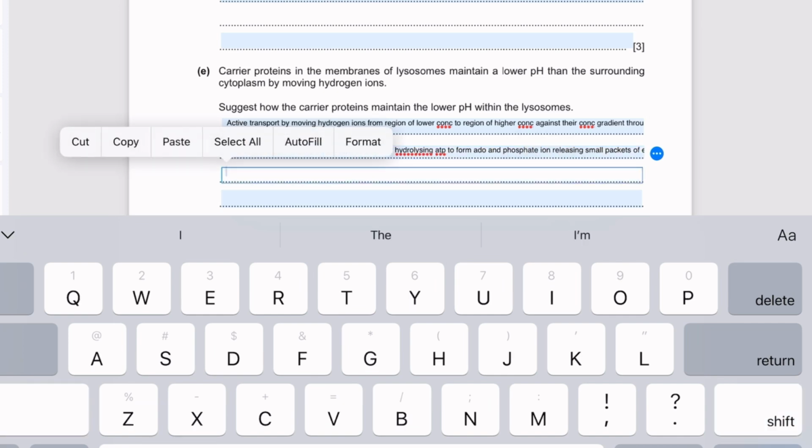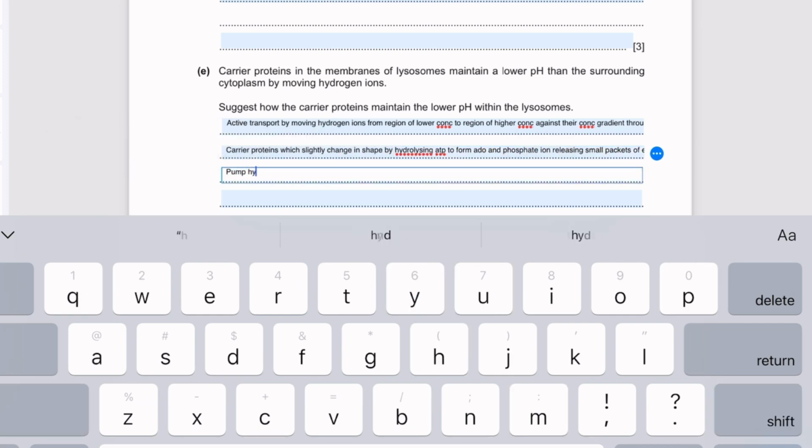It changes shape, and therefore pumps hydrogen ions, and therefore maintains a low pH.